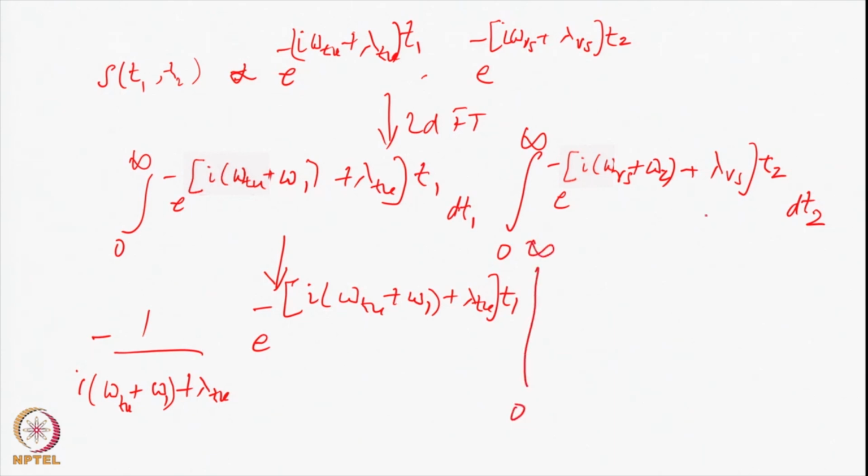You can write a similar expression for the other one as well. Now, what happens here? The e to the minus lambda times T1 at the limit of infinity decays to 0, and we only have the oscillating function. Therefore, we only have a contribution coming from when T1 is equal to 0.